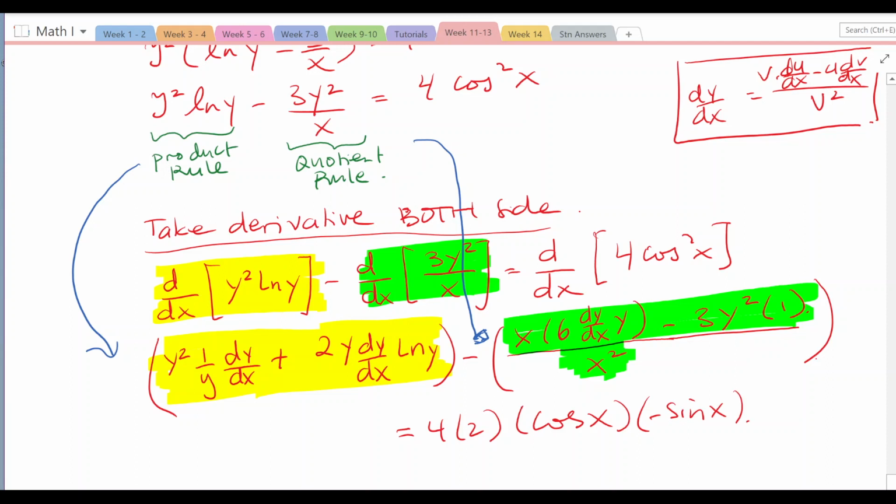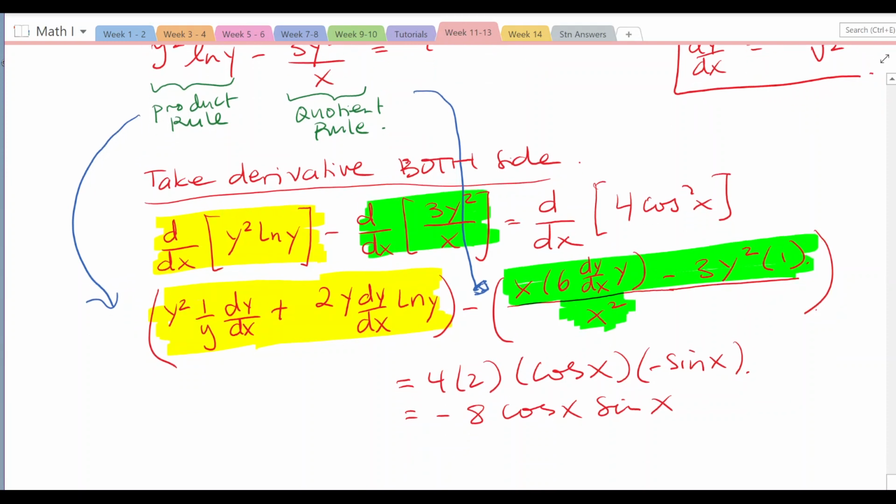Don't forget that. The power times the coefficient raised to the power of 1, times the derivative of the inside, which is negative sin. So this will become negative 8 cos x sin x, basically.